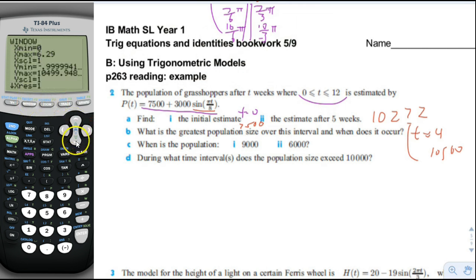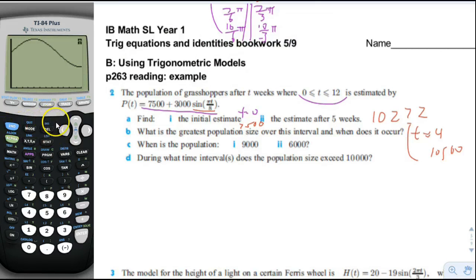So we're going to set x max to be 12. Okay, and then we're going to get rid of that second function right there, and then we're going to graph again. Okay, now we're going to use the calculator to figure out what exactly that maximum point is.